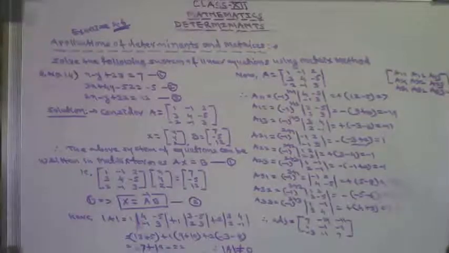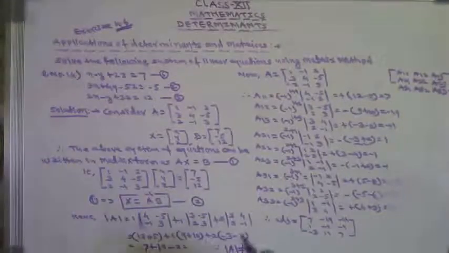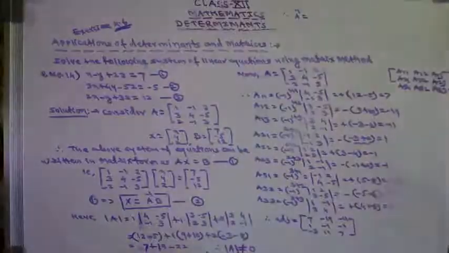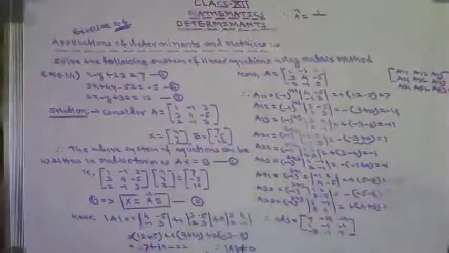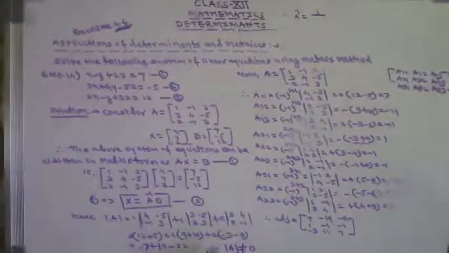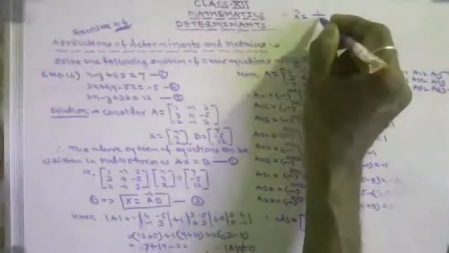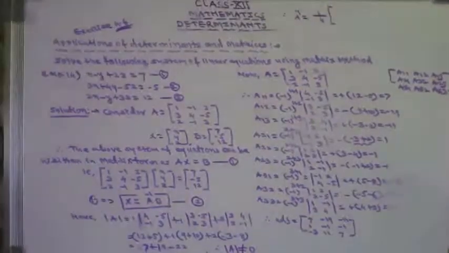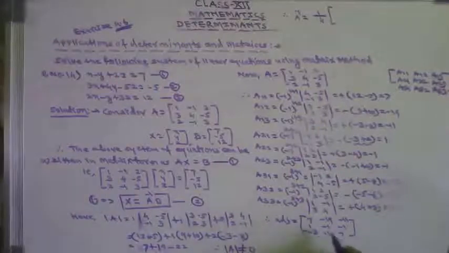Now therefore, A inverse equals 1 upon determinant of A. What is the determinant of A? We have found out the determinant of A is 4. So 1 upon 4 into its adjoint, that is 7, 1, minus 3, 7.